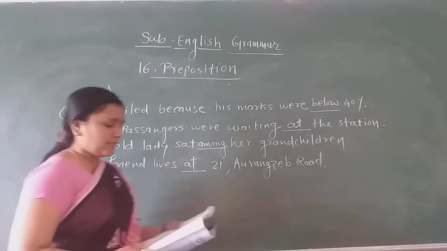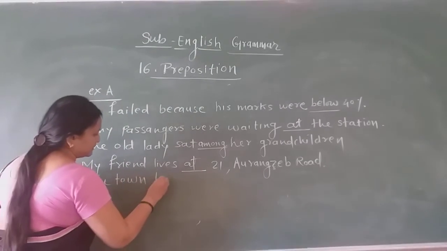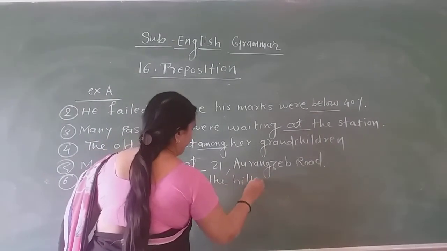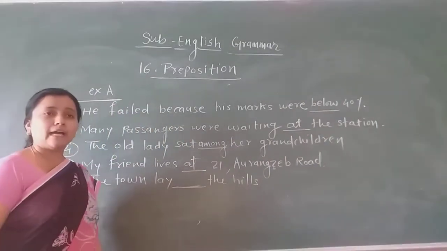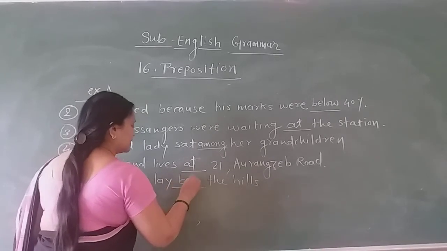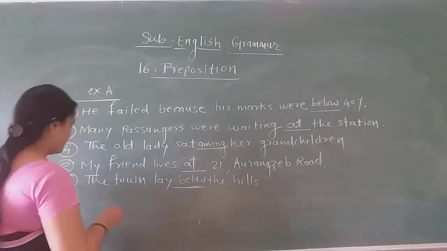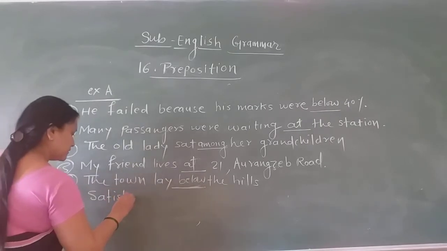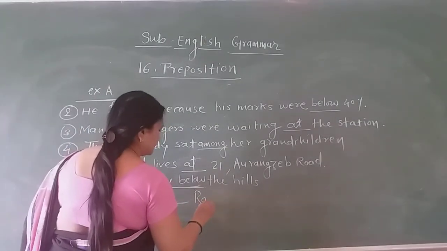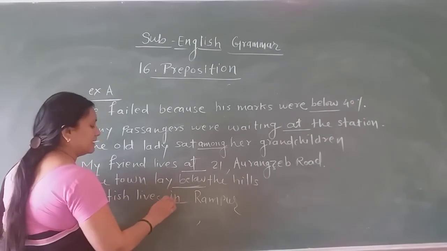Next, sixth. The town lay dash the hills. Where did the town lay? हिल के नीचे. So we can write below the hills. Next, seventh one. Satish lived dash Rampur. Where does he live?